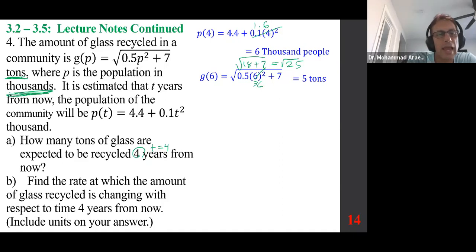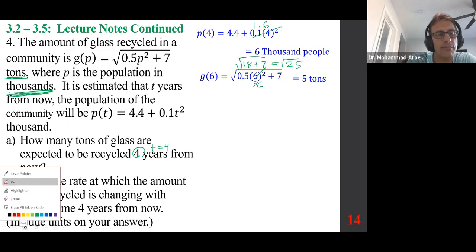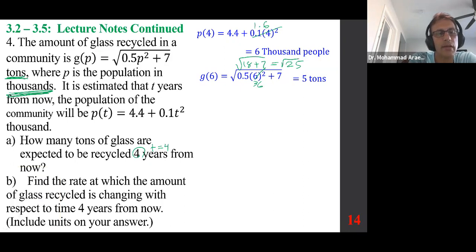The next part is asking, find the rate at which the amount of glass is changing with respect to time 4 years from now. So we want to find the rate at which the amount of glass changes, dG/dt.